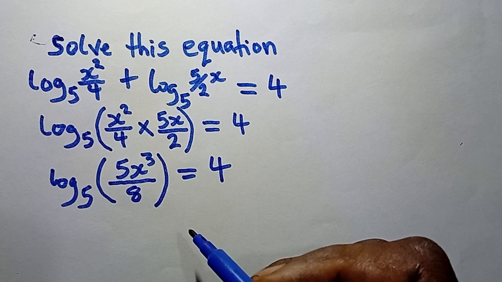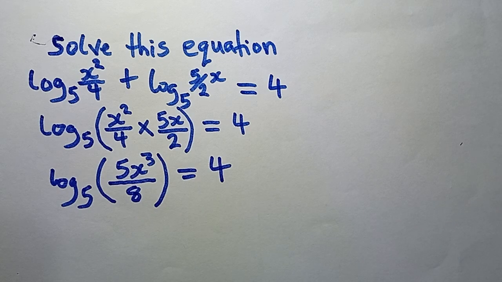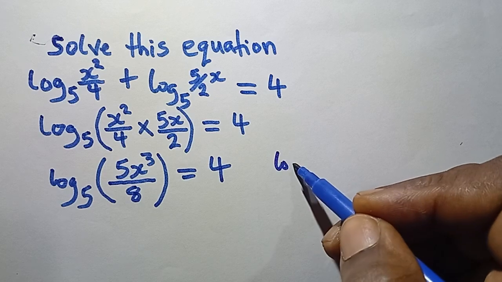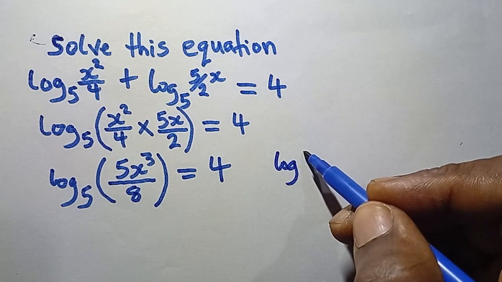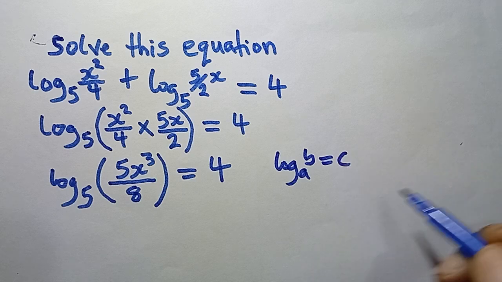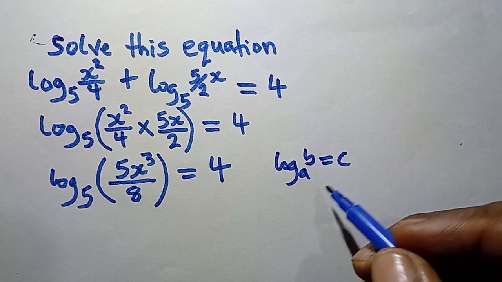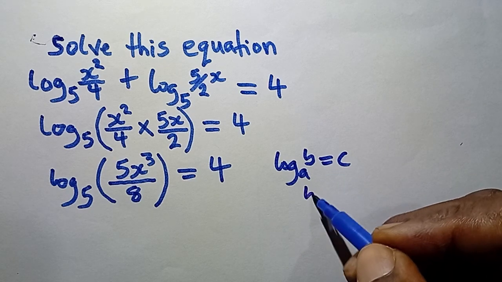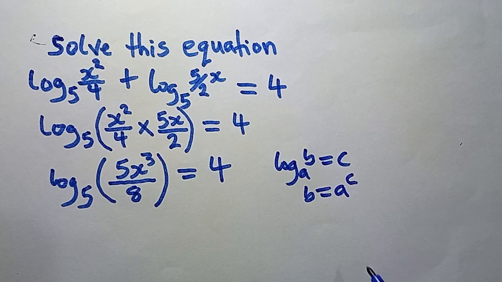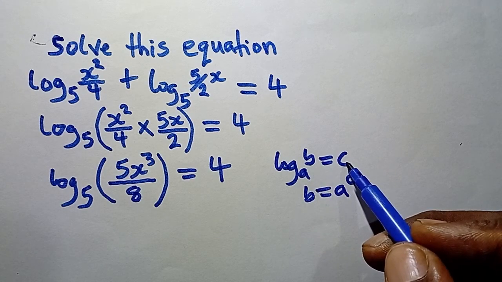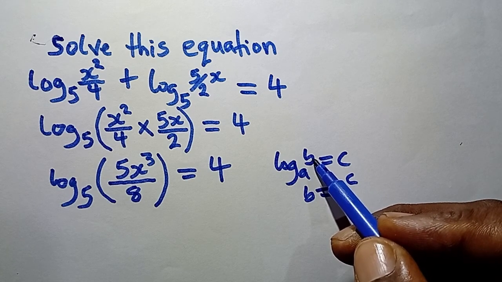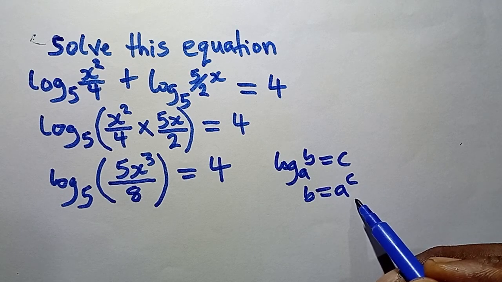There's a way of converting logarithm to indices where, for example, you have log b to the base a is equal to c. This is expressed as b is equal to a raised to the power c. So the base raised to the power of that answer is equal to the number that we have here.